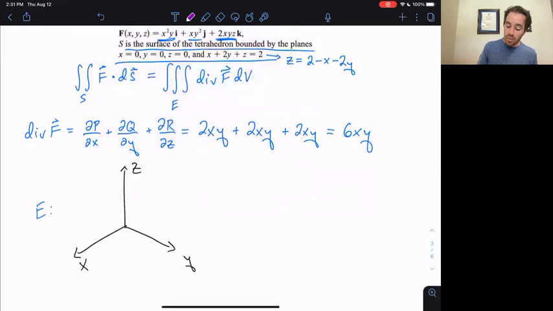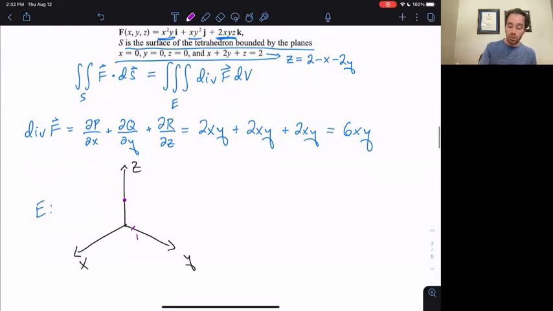This will have an intercept at 2, and then it will decrease as x increases and decrease as y increases. It'll have a y-intercept of 1, because look what happens if x is 0. 2 minus 2y, that means that z will be 0 when y is 1. Likewise, if y is 0, then 2 minus x will hit the x-axis when x is 2. So this will have a y-intercept of 1 and an x-intercept of 2. That means that this is the shape of the plane that we're looking at.